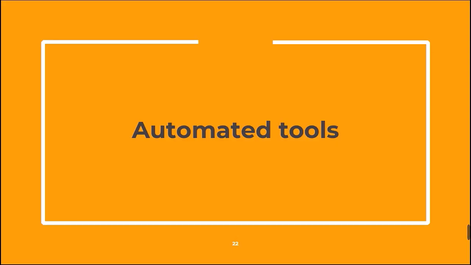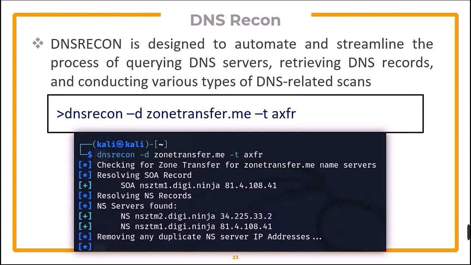Now, let's see some automated tools that perform all the actions automatically. The first tool is DNSRecon. It is designed to automate and streamline the process of querying DNS servers, retrieving DNS records, and conducting various types of DNS-related scans.